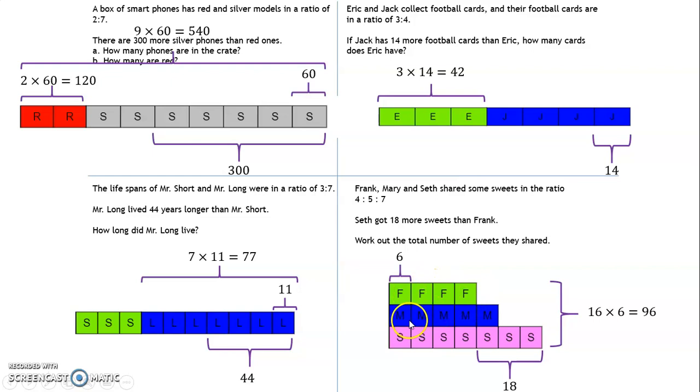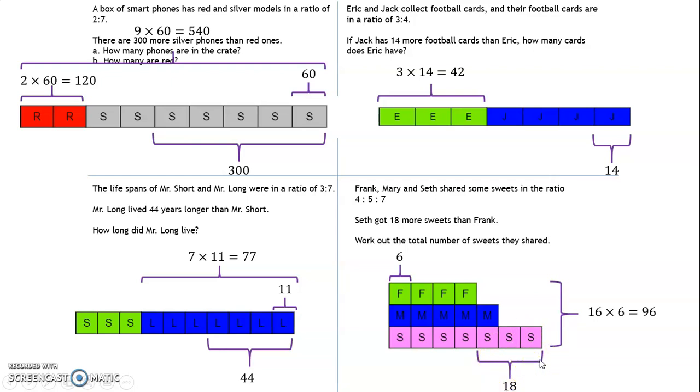So 4 for Frank, 5 for Mary, 7 for Seth. And this is comparative because I can see that Mary got 1 more part than Frank and Seth got 3 more parts than Frank. So when Seth got 18 more sweets than Frank, I can see that it's these 3 parts here that are going to be more. So those are my 18.